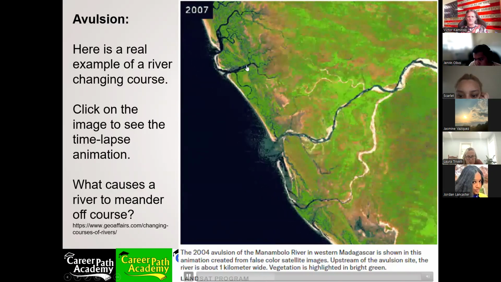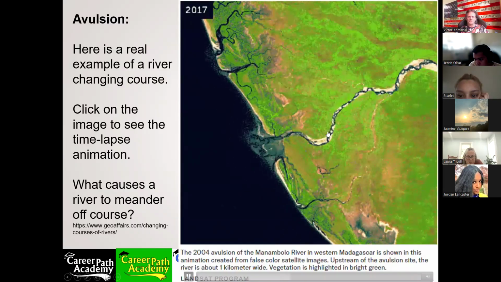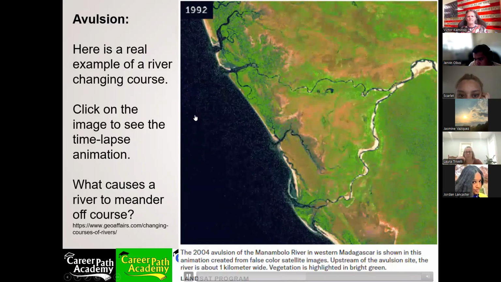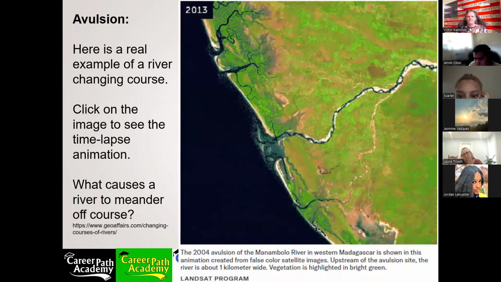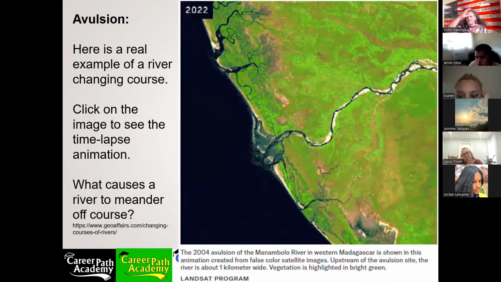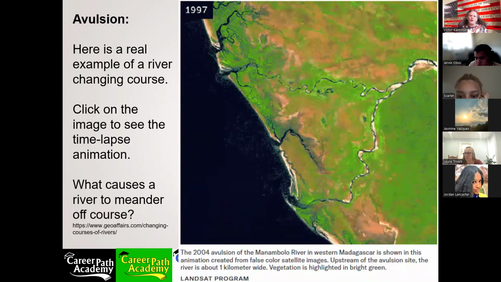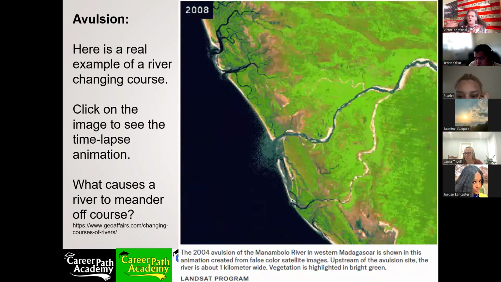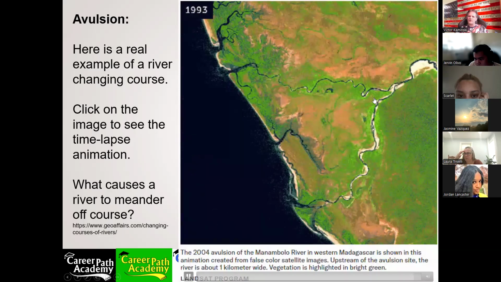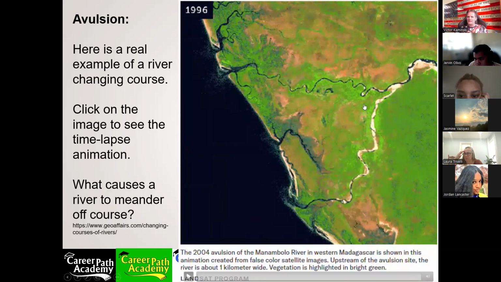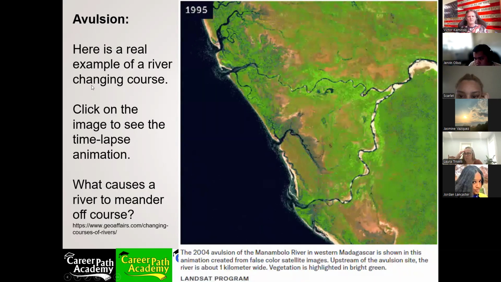It's running here, it's running there, then all of a sudden it starts going straighter out here. That's a real life example how over the years the water cuts a different path. And this river is 1 mile wide, or 1 kilometer wide, sorry. So it does happen.